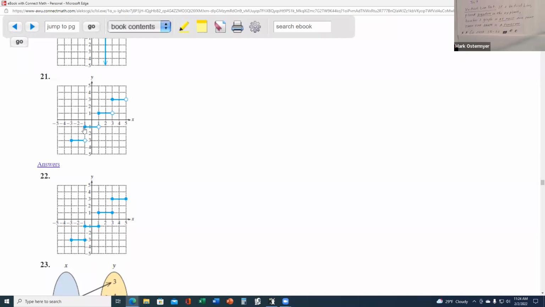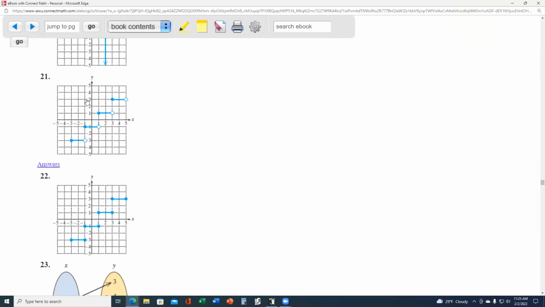But this is an open circle, and that open circle at -1, -3 indicates this point does not lie on the graph. Do you think this relation is a function then? Yes, it is a function, because a vertical line placed anywhere touches the graph at most one point. Now, if these open circles were closed circles, would this relation be a function?